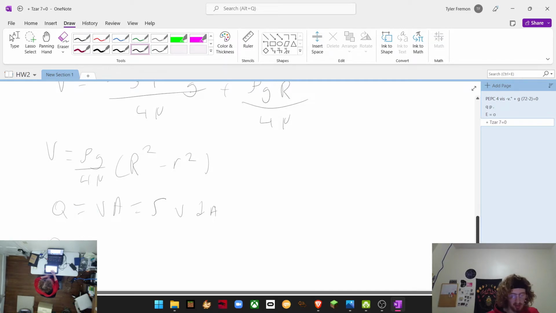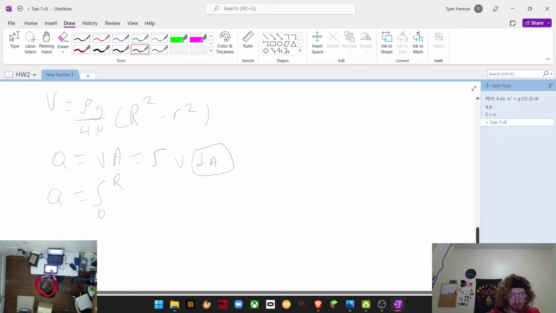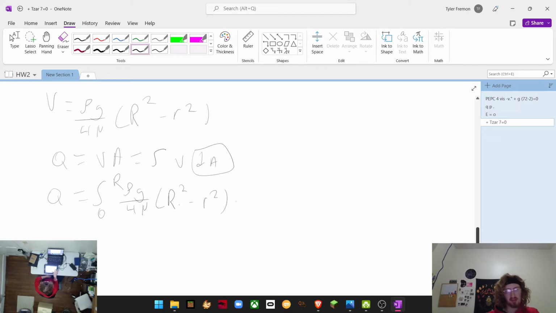So Q equals the integral from 0 to big R because we want to start at the center and go all the way to the outer radius, of v, which is rho g over 4 mu times big R squared minus little r squared, times the area for each slice, which is 2 pi r dr.